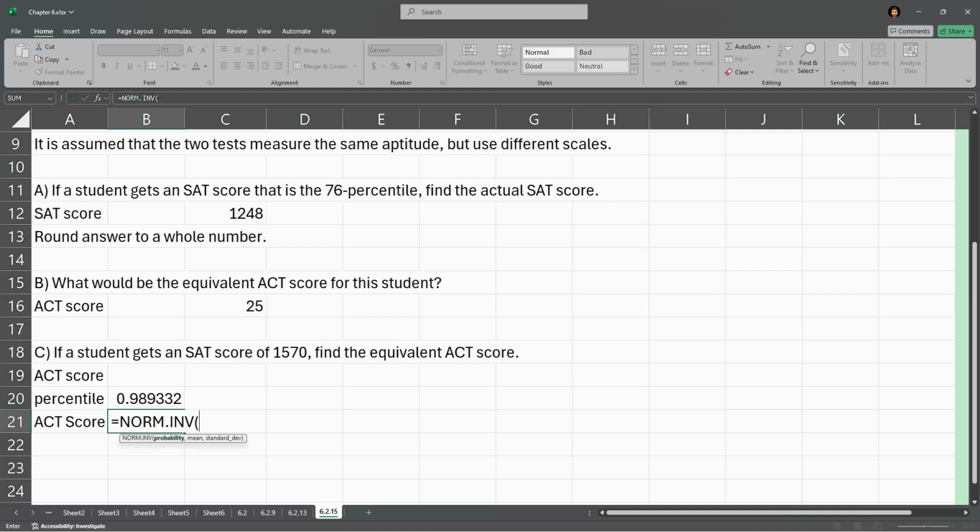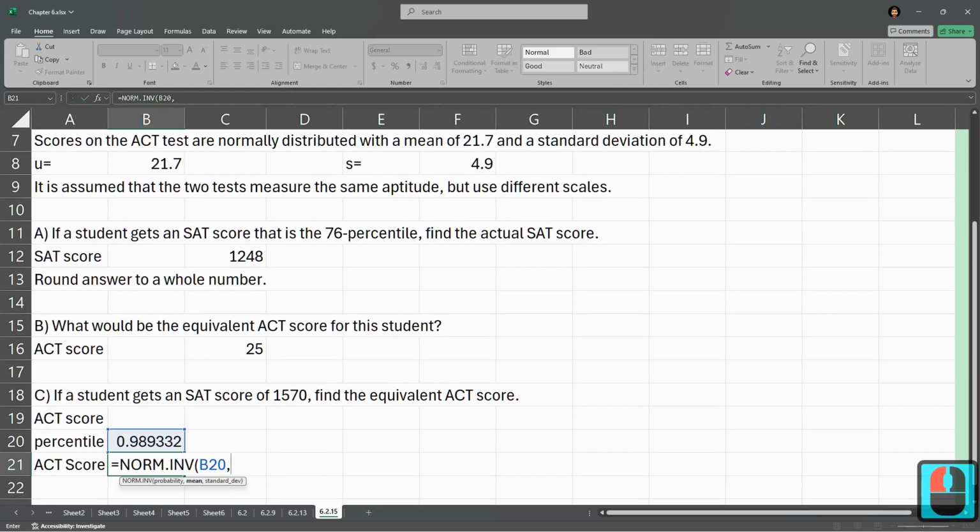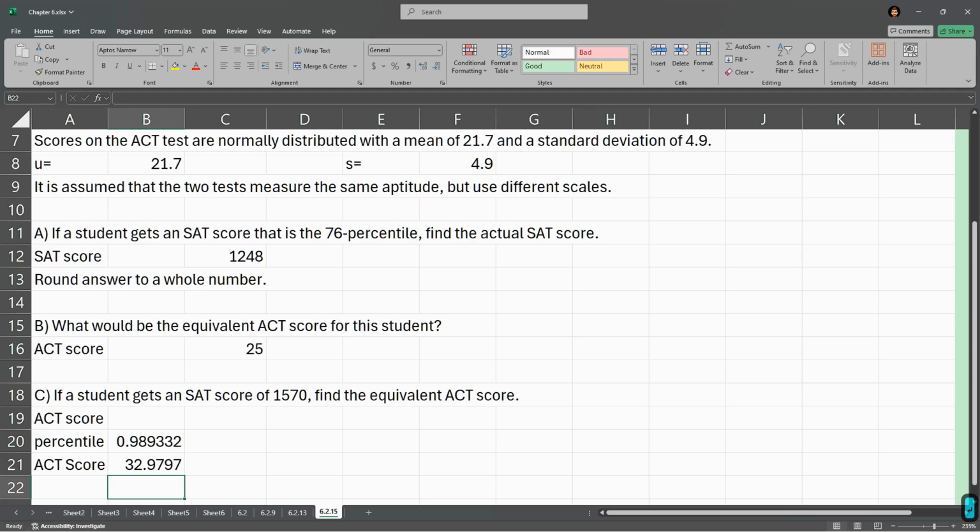All right, probability is what we just computed. Now which mean, which standard deviation? I want to turn this into an ACT score, so I need the ACT mean, which is at the top of the screen there, and the ACT standard deviation, and this should give me the equivalent ACT score. So it would be 32.97.